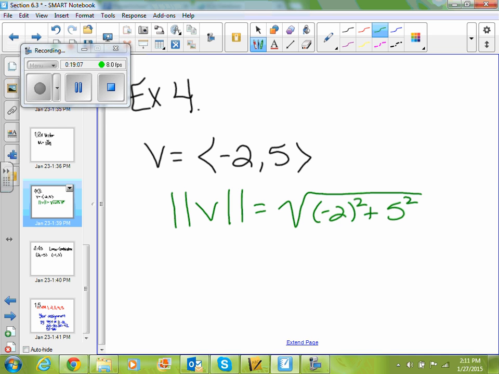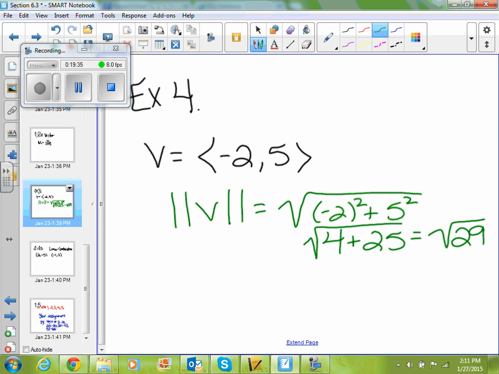Square root of -2 squared plus 5 squared. Well, -2 squared is 4. 5 squared is 25. 4 plus 25 is 29.